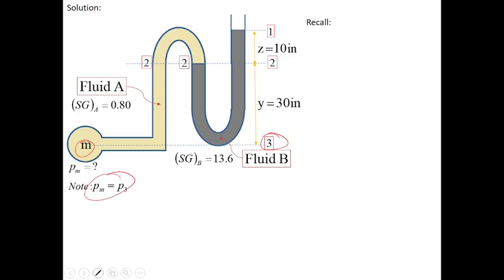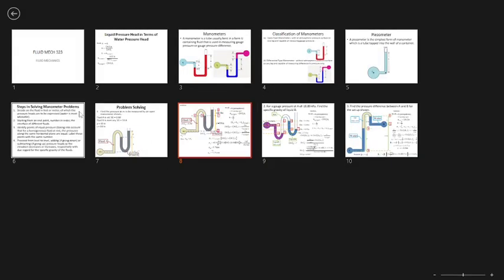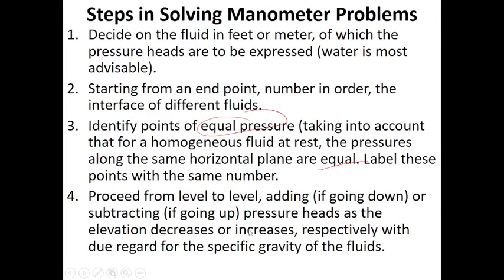And recall now that in step 4, proceed from level to level, adding if going down or subtracting if going up pressure heads. So we add if we go down, that is plus H, adding pressure heads. Plus H if going down, minus H if going up.